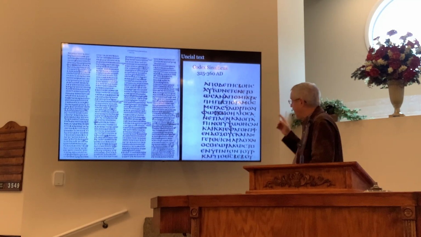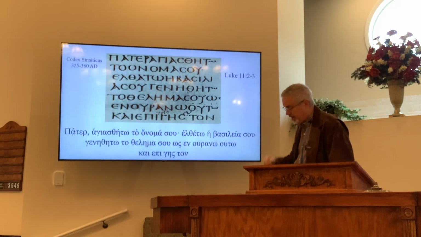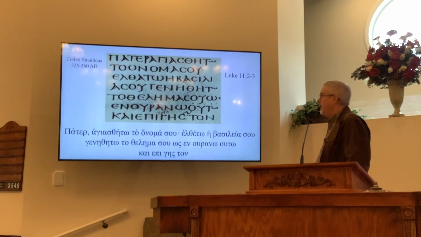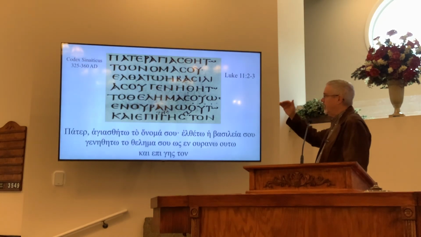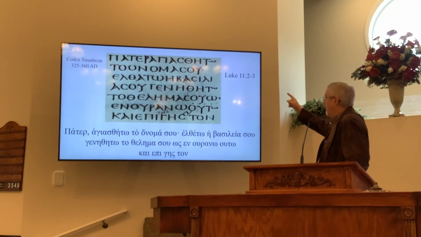But now I've got another image here that is much clearer, and this also is from Codex Sinaiticus, and this is just from Luke 11, 2 and 3.